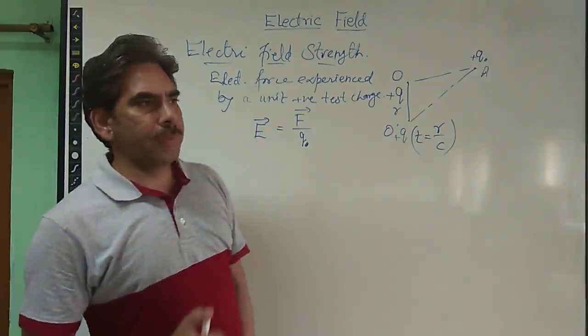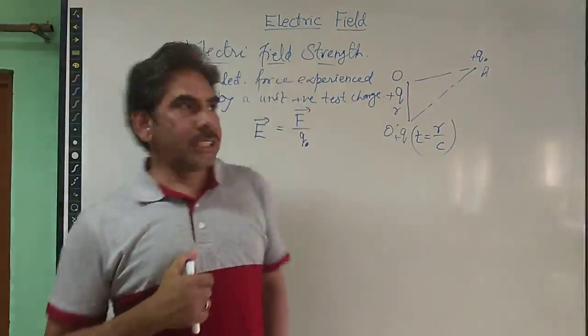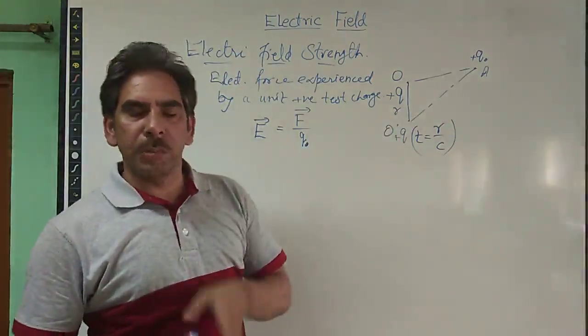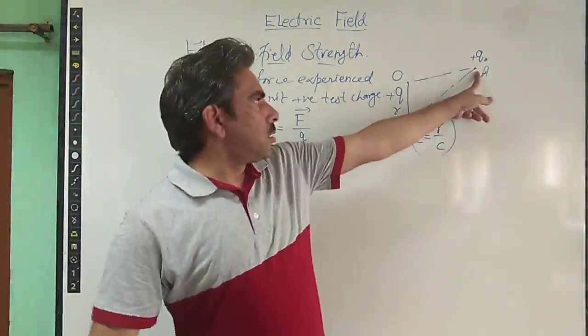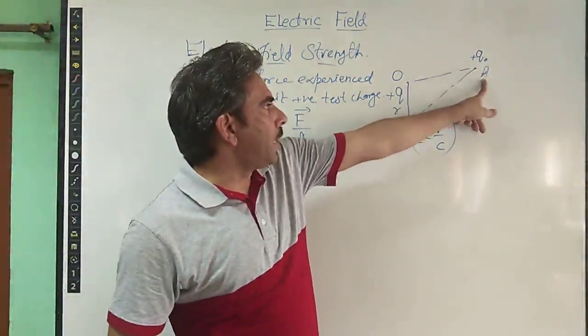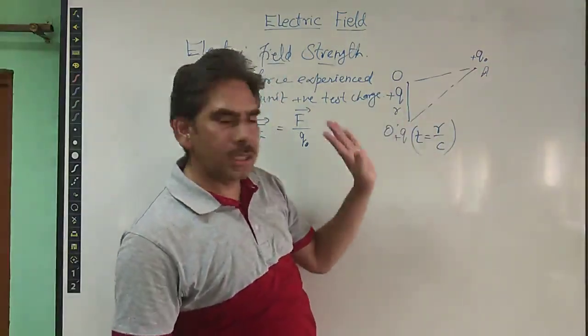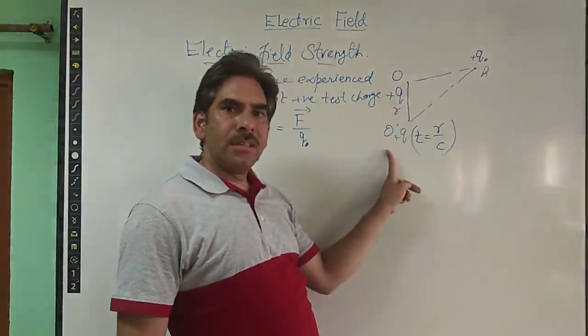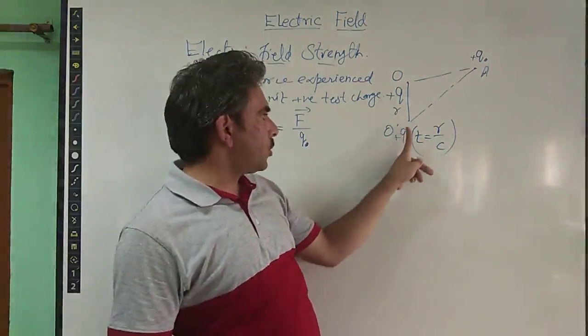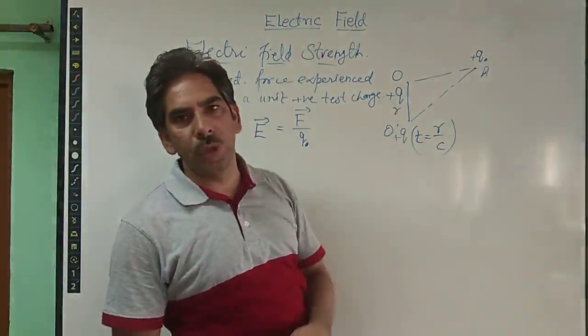But one important point to remember is that this test charge must be very small, because whenever it is brought to position A in the electric field of this charge Q, it may influence the source charge again and make it move to some new position.